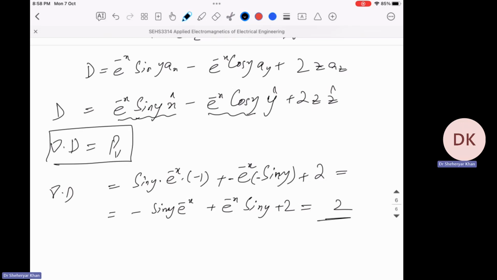Next question is, describe the electric field as a function of electric potential. So what is electric field as a function of electric potential?